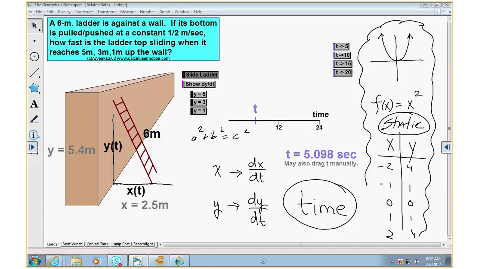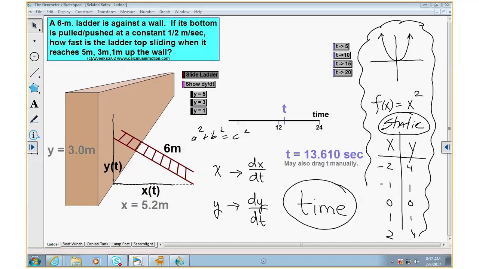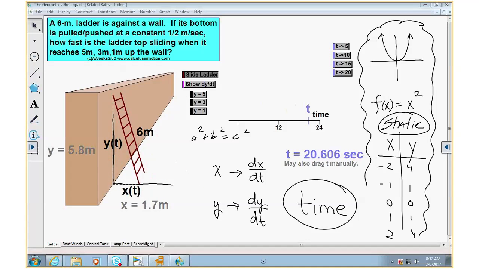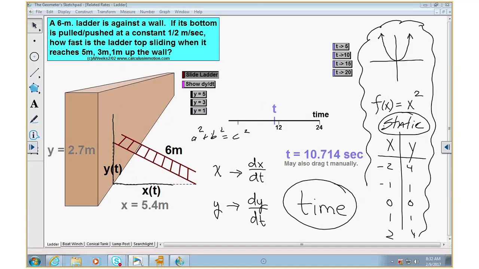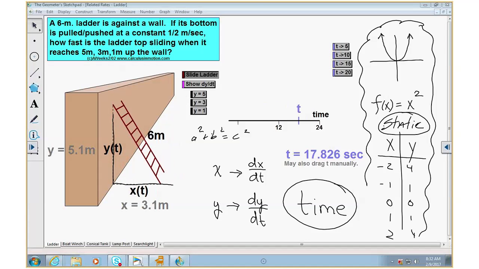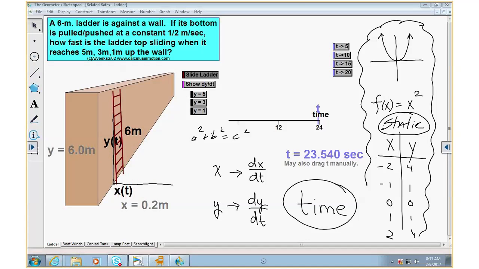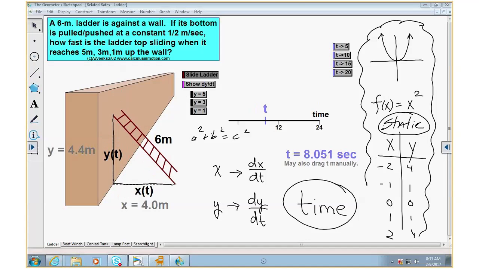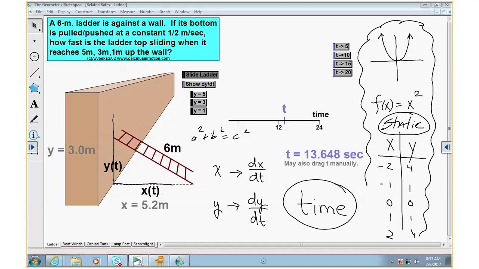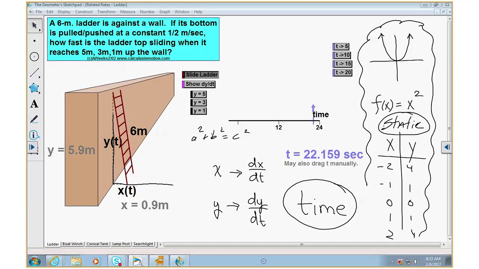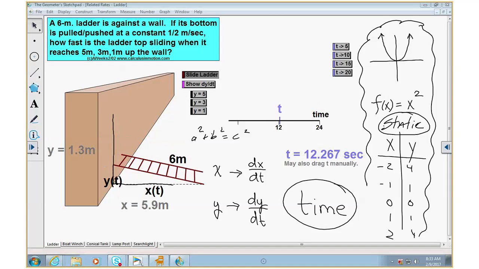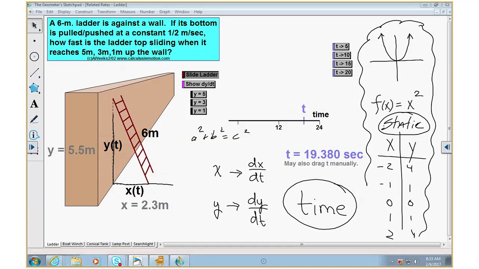So, really, what we're doing is we are dealing with not only two variables, but the third variable, which is time. So, if you have a ladder falling, the rate that X is moving out is directly related to the way that Y is dropping.